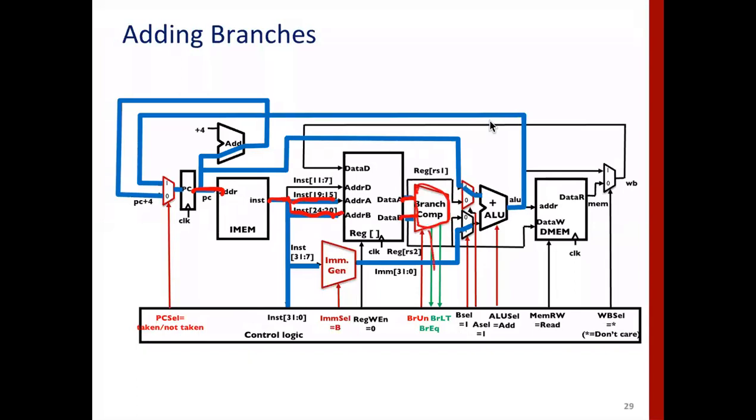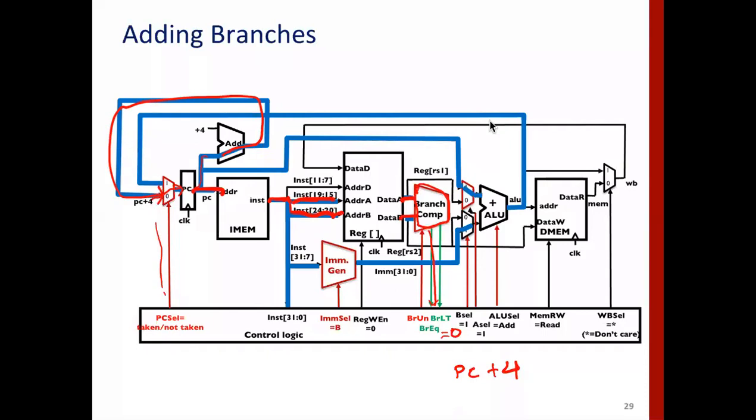If they are equal, this will be 1. If they are not equal, this will be 0. Then we are not going to do PC equals PC plus offset, we are doing PC equals PC plus 4. PC plus 4 we are anyway computing here, so the control signal will be such that the bottom one is selected.